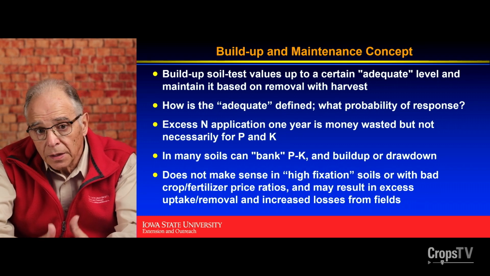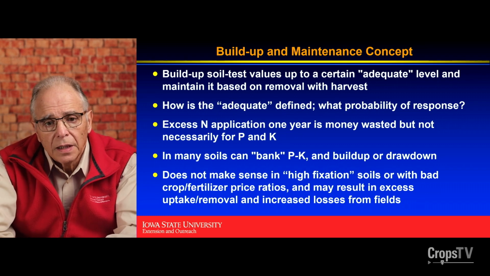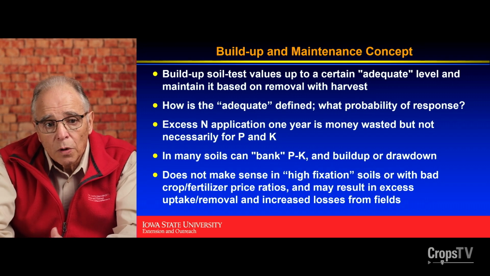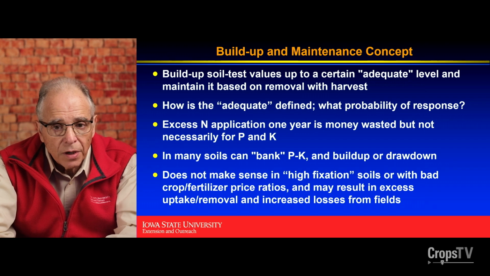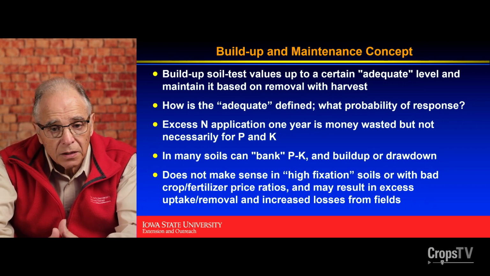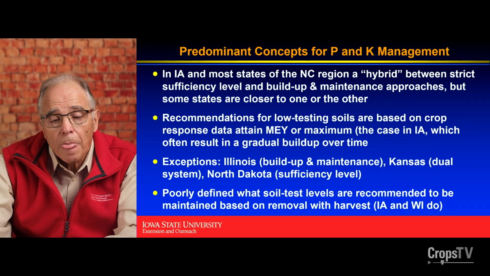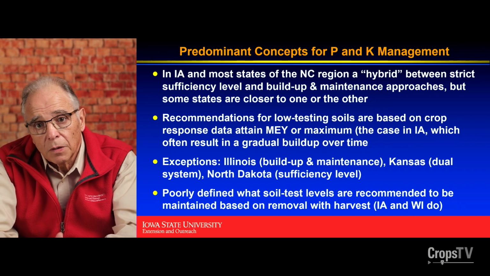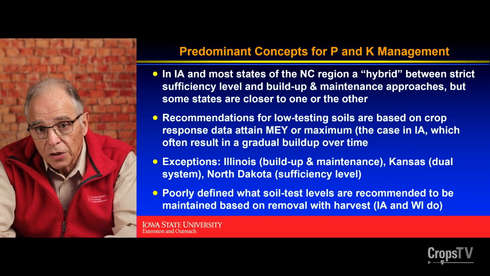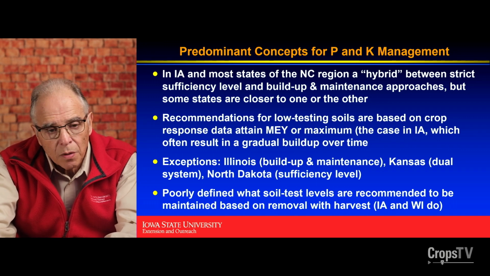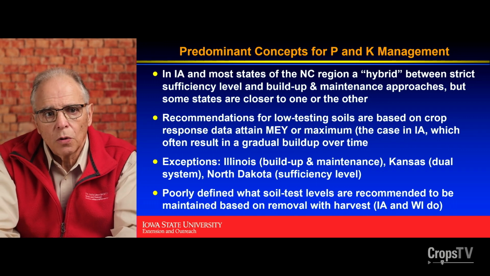But this method, as I said before, doesn't make sense in soils that really have high fixation, or with bad crop and fertilizer price ratios, because it may result in excess uptake removal and increased losses from fields. Now, the predominant concept for P and K management in the north central region and in Iowa is like a hybrid, a compromise between these two concepts, okay?